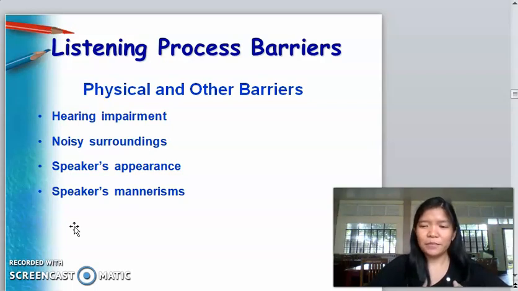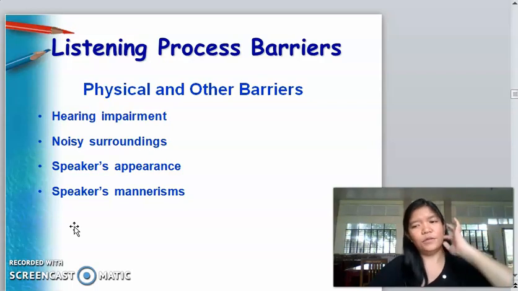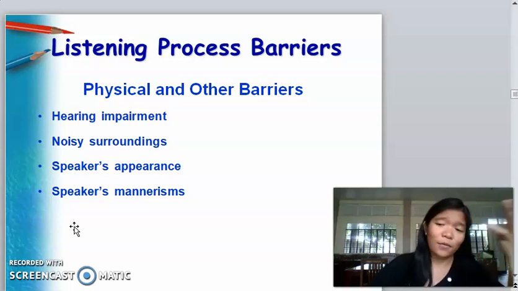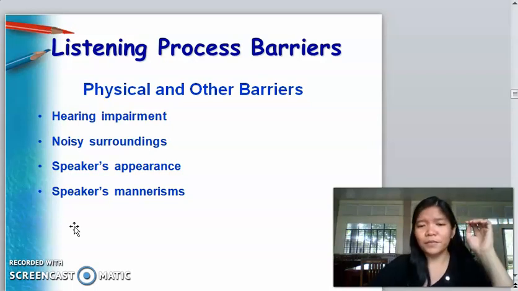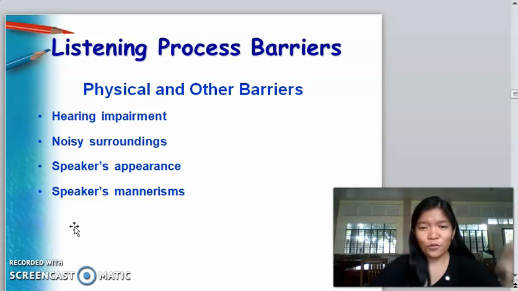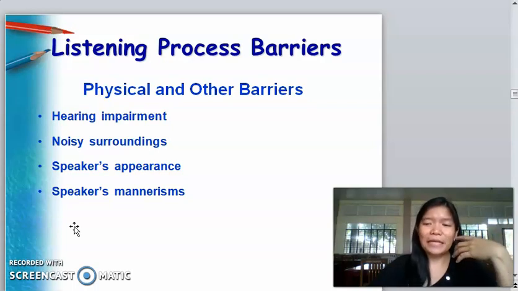We all know what mannerisms are. Sometimes there are some mannerisms of speakers which they do not know. For example, they always flip their hair like this, or they always scrub whatever part of their body, or other mannerisms. So those are the mental and physical barriers.